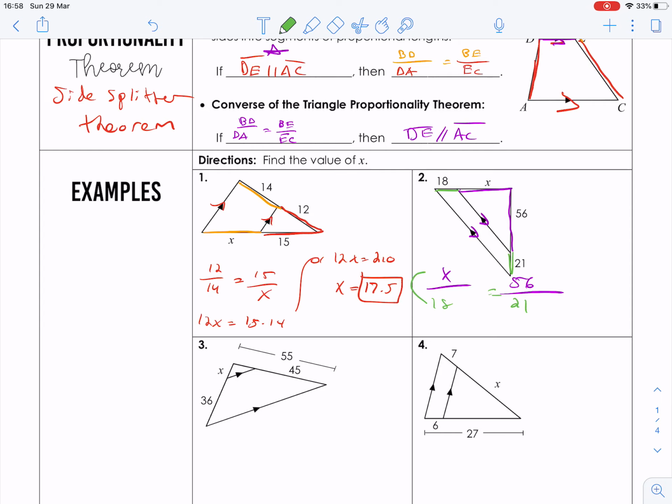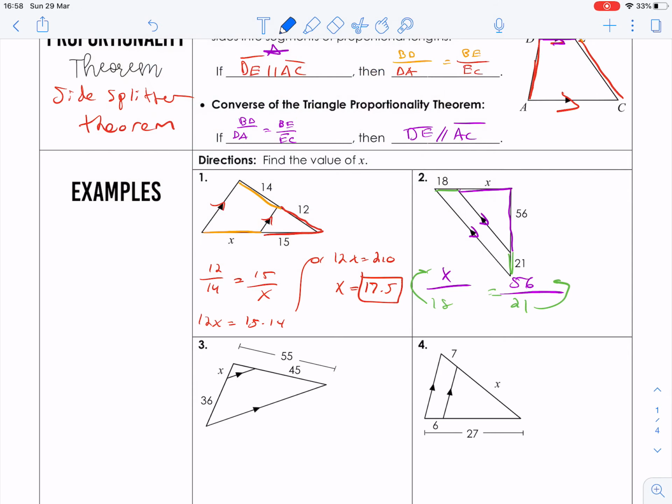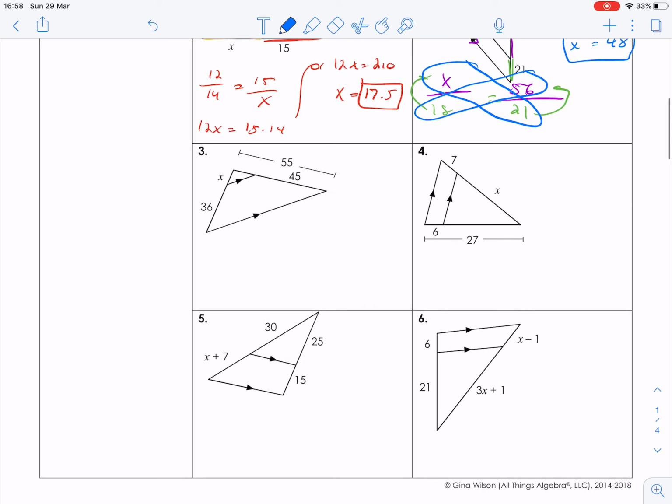We could have put this on top and this on top and 56 on the bottom and x on the bottom. Doesn't matter as long as it's the same. So 18 times 56 equals x times 21. So 21x equals 1008, x equals 48. Cool. All these will be the same.